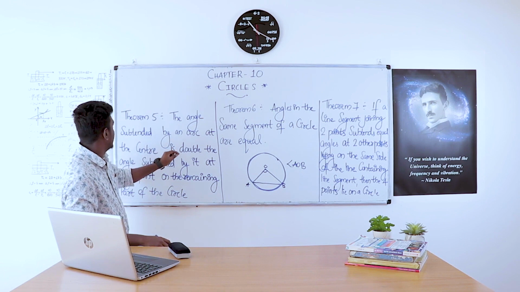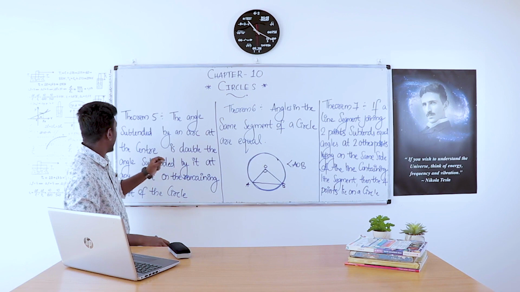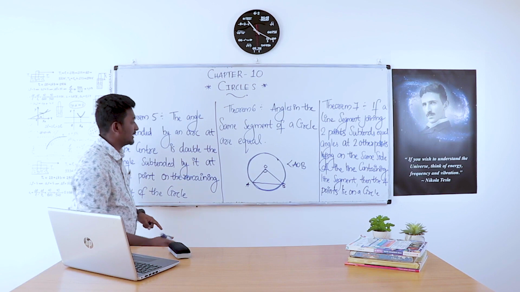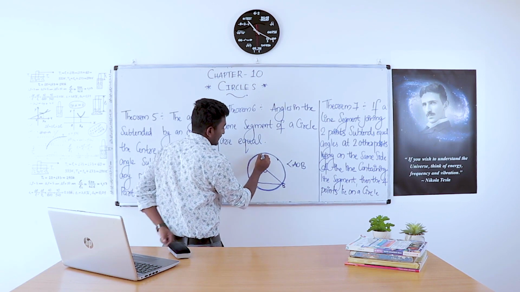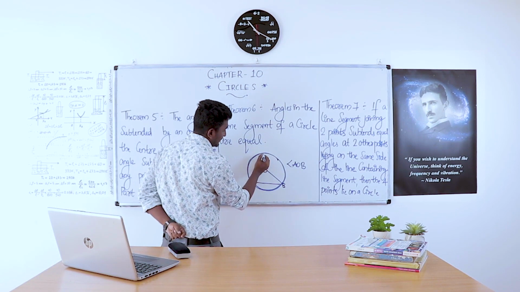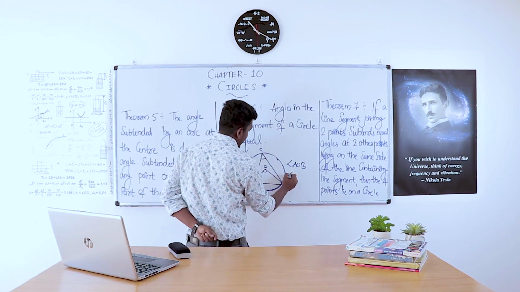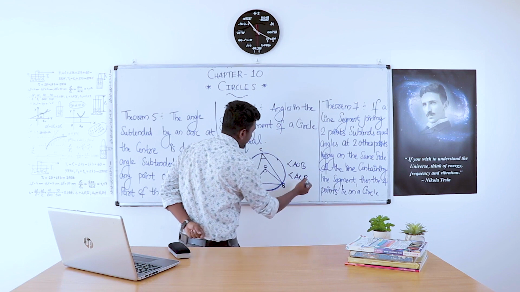This angle is double the angle subtended by it at any point on the remaining part of the circle. So I am considering another angle, angle ACB.